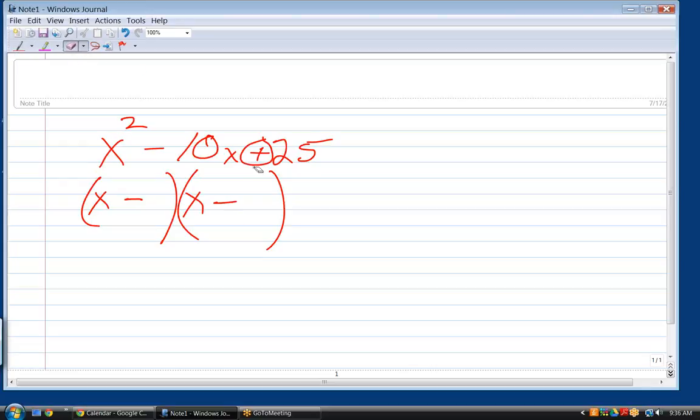And again, we're looking for factors of 25 that add to the number 10. Not to the number negative 10, but just to the number 10. Well, again, 5 and 5. So that would factor like this.